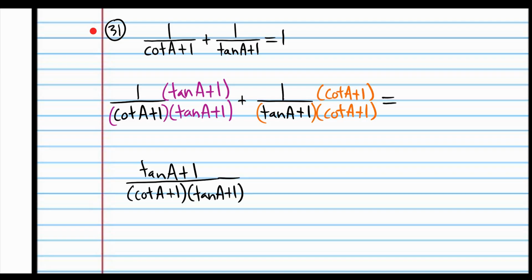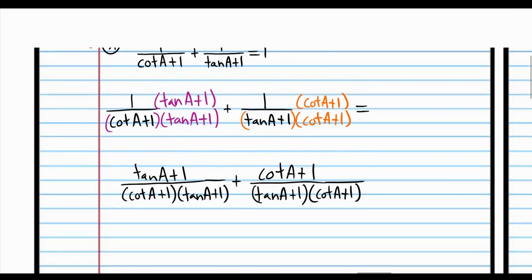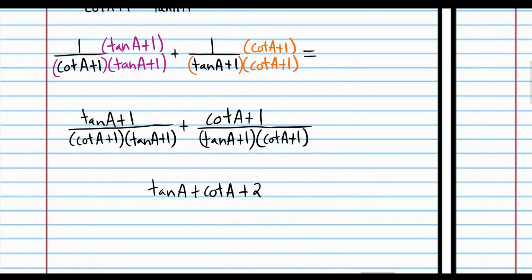We might just keep it in that form, or we might change it to something else. Okay, so we have a common denominator. That's the whole point of all that. So now we're going to add the fractions together, and we get tangent A plus cotangent A plus 1 plus 1 is 2. So we can just leave it as 2.